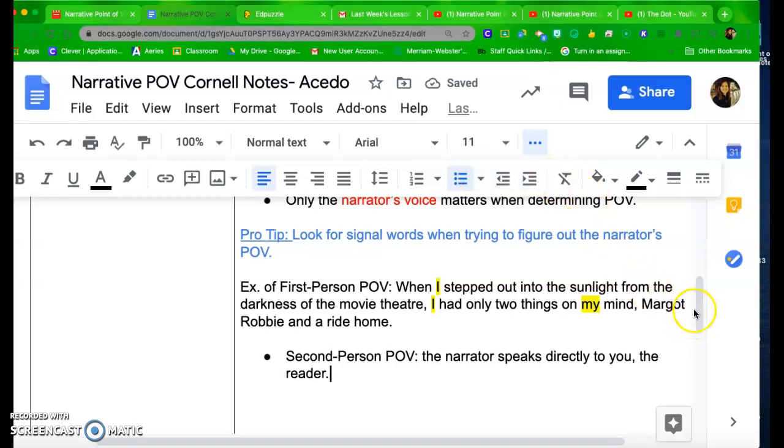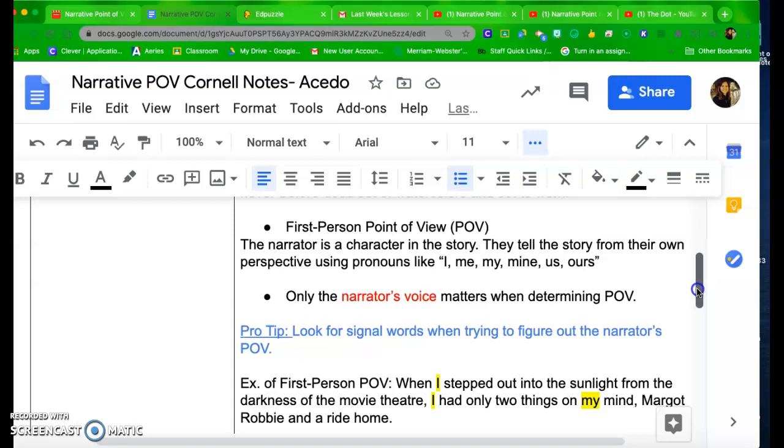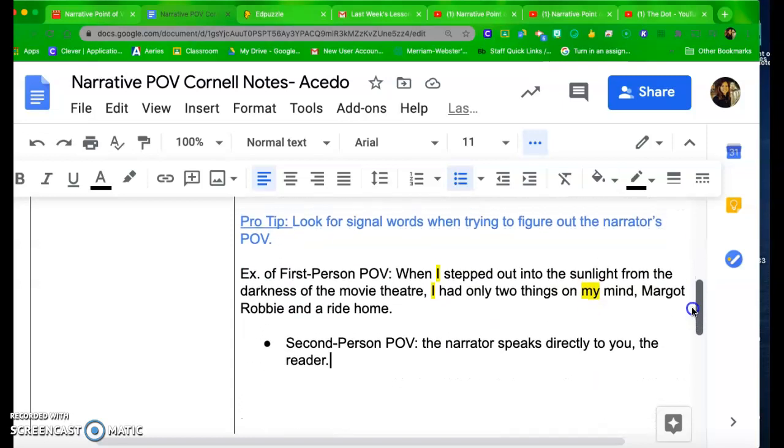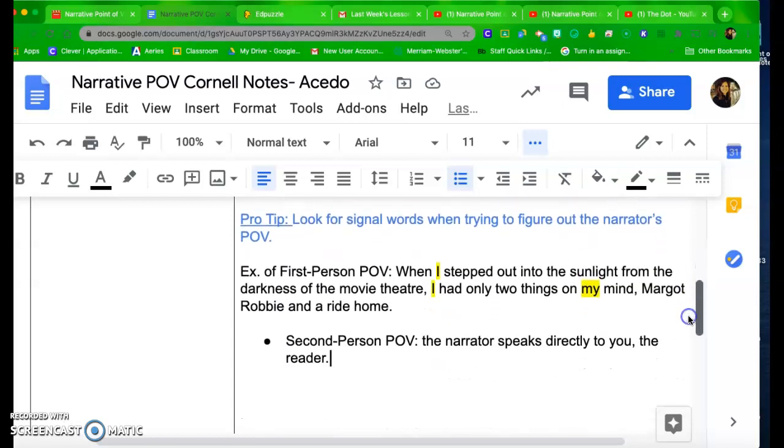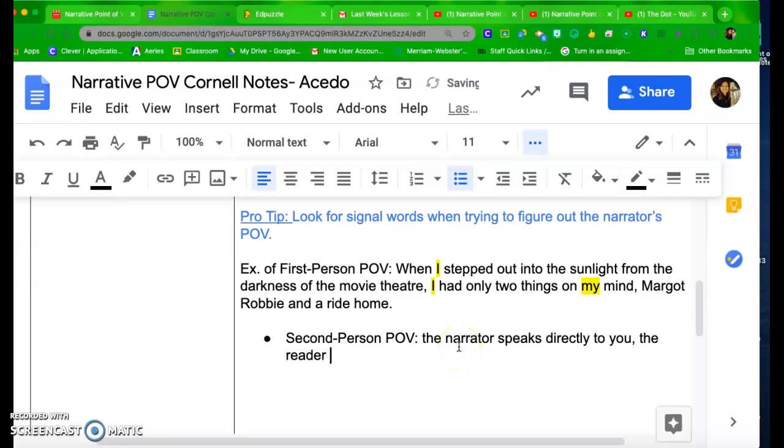The signal words, the signal word that's most common, using the pronoun you.